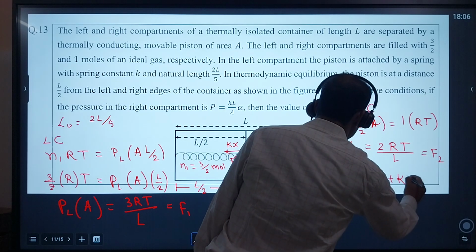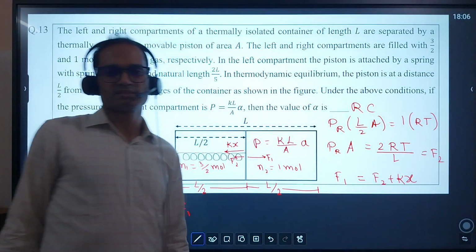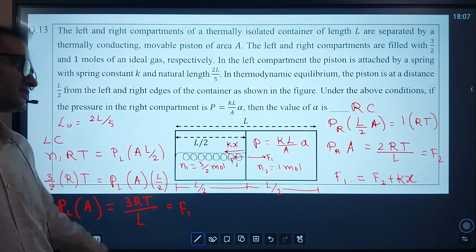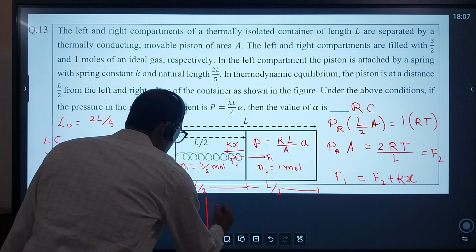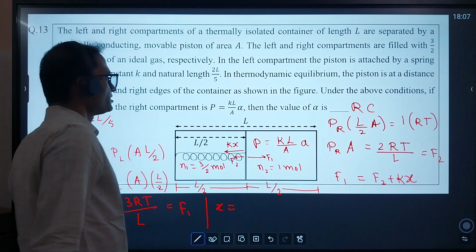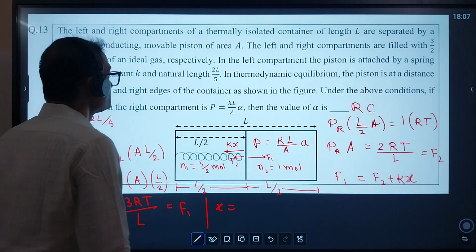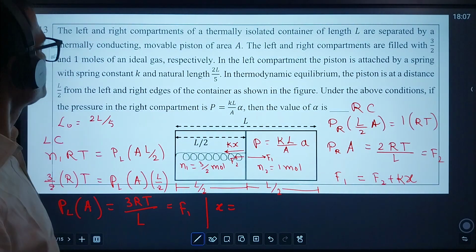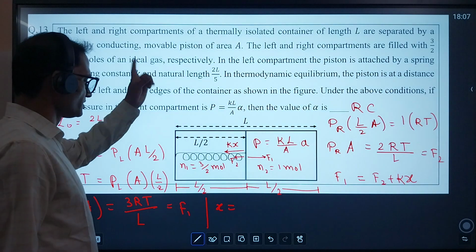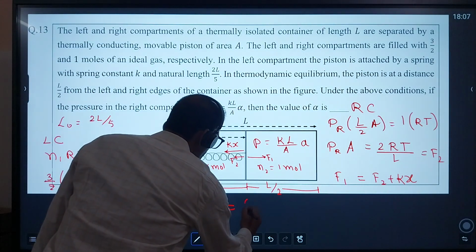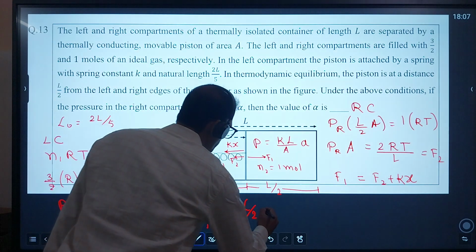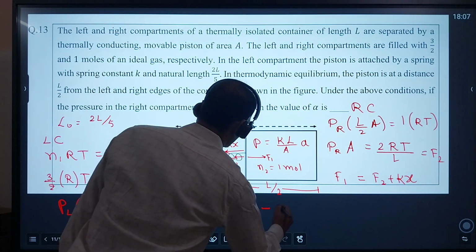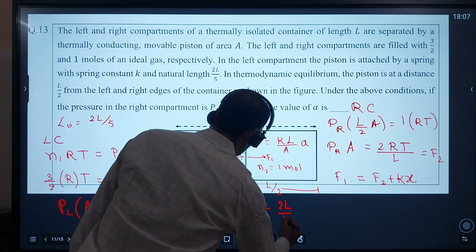And what is x? X is the elongation in the spring, and we can easily find it. X is the final length, which is L by 2, minus the natural length of the spring.